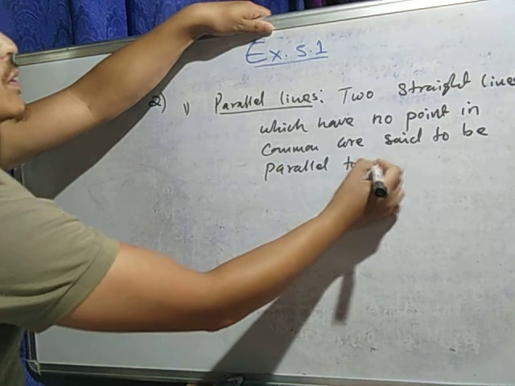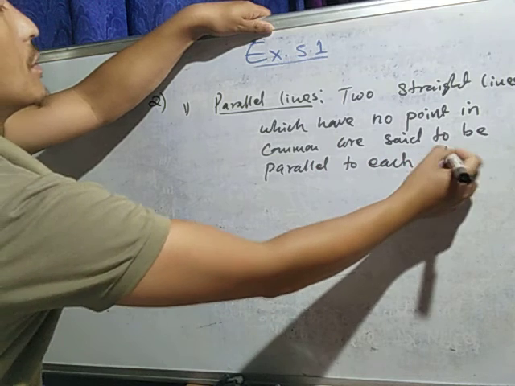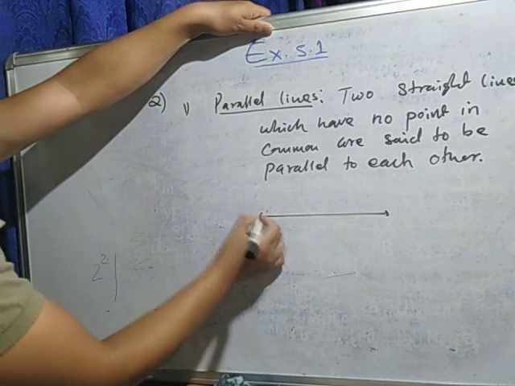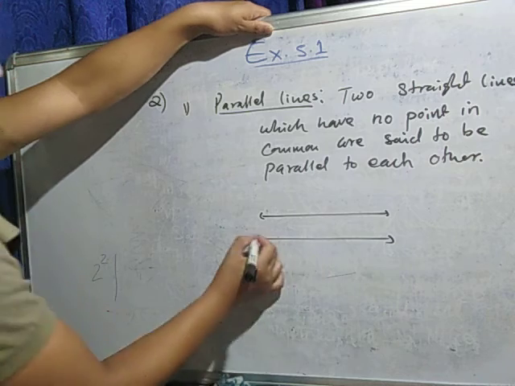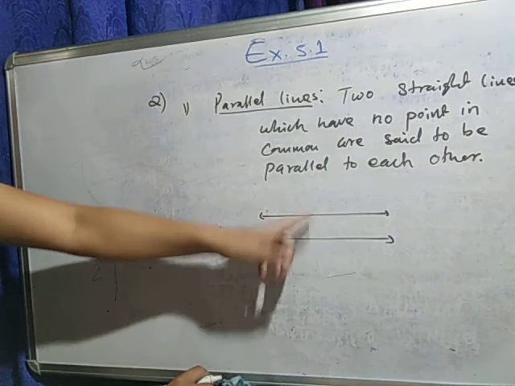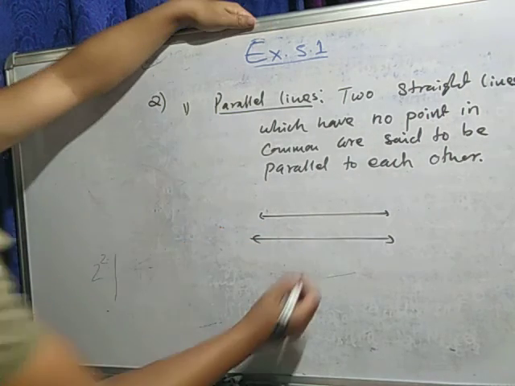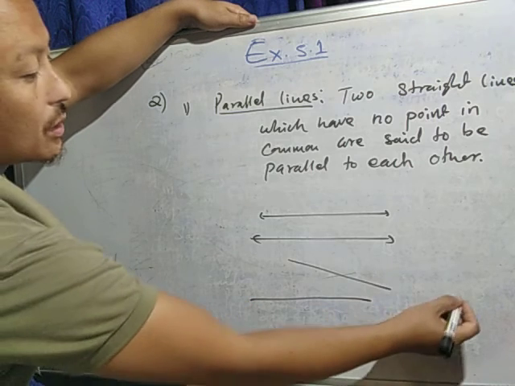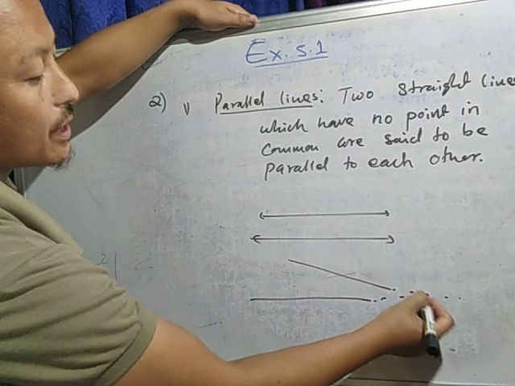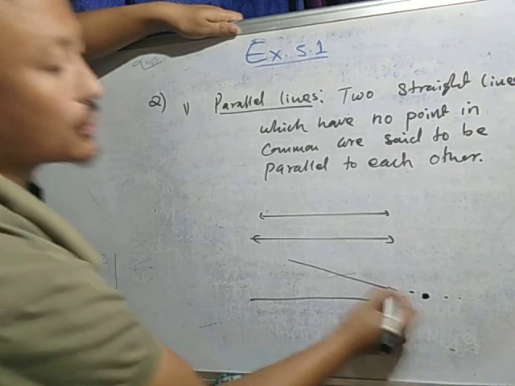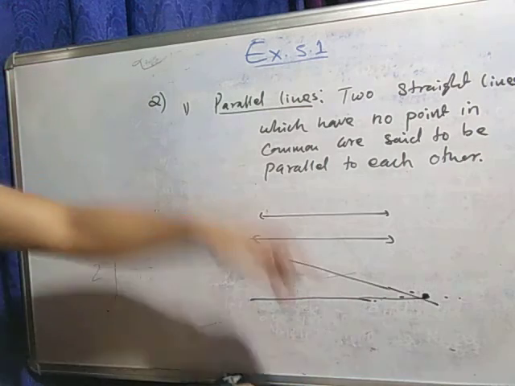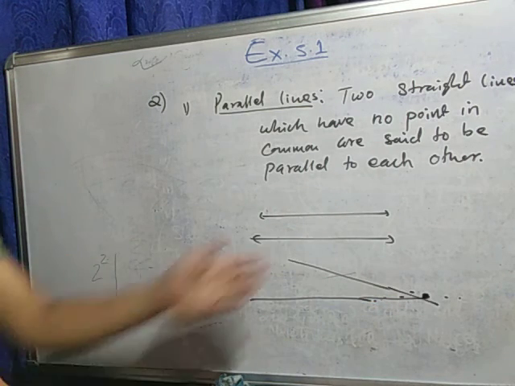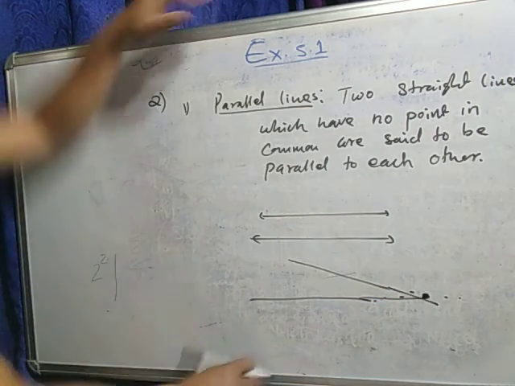So if this is your line and this is also a line, is there any point common? No. But if I draw like this, then somewhere at a distance it has a common point. Common point means it used to meet, but this type of line never meets each other. So this is your parallel line.